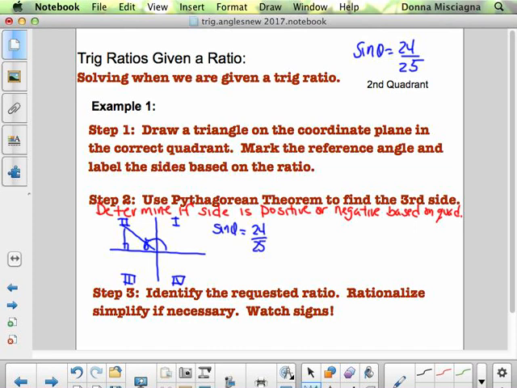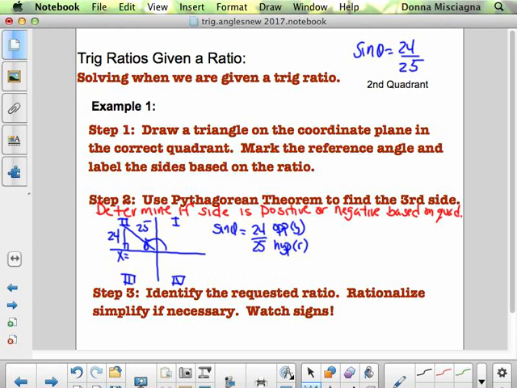Remember which side sine uses, right? Sine is the opposite, which is the y, and the hypotenuse, or sometimes called r. So that means that this side is 24, this side is 25. We are looking for one of the legs of the right triangle. Specifically, we are looking for x here.